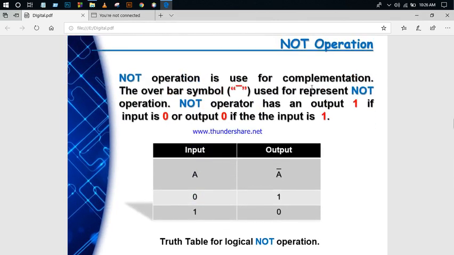NOT operation is used for complementation, and the over bar symbol is used to represent a NOT operation. The NOT operator has an output 1 if the input is 0, or output 0 if the input is 1. Input A is 0, output A bar is 1. It is called A bar. And input is 1, output is 0.